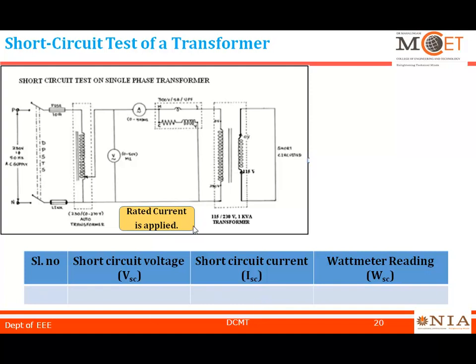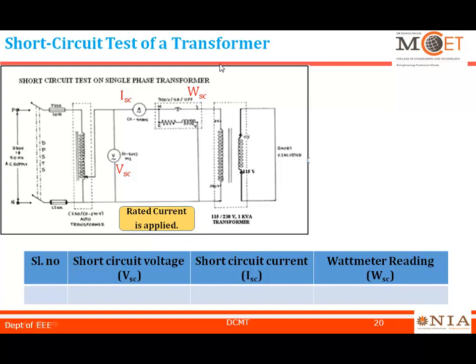How are we going to find the rated current? We know that this transformer has a capacity of 1 kVA, which is 1000 volt ampere. In this we are going to measure the short circuit current ISC, the short circuit voltage VSC, and WSC. Now how can we find the rated current?